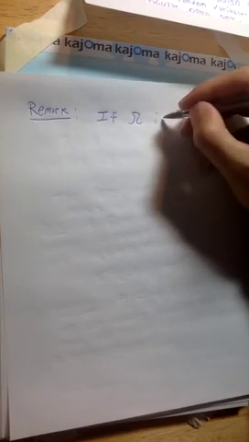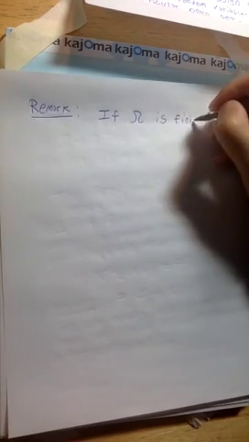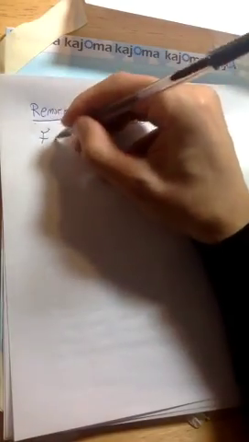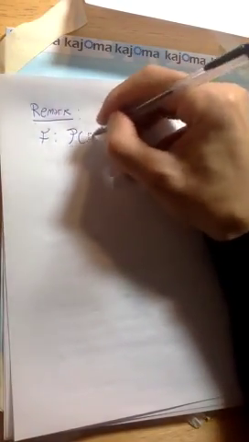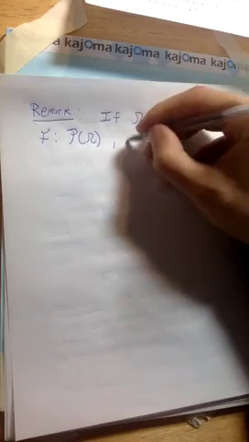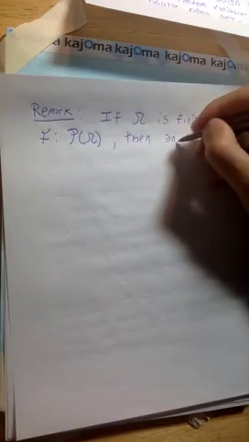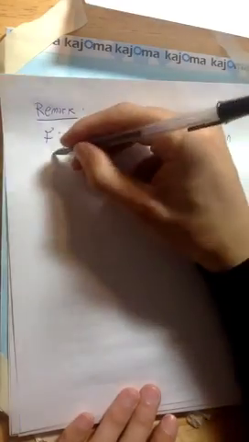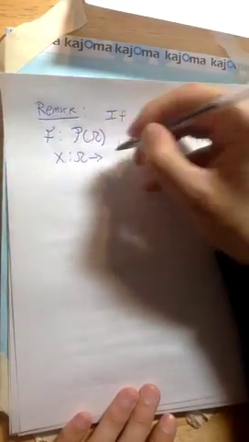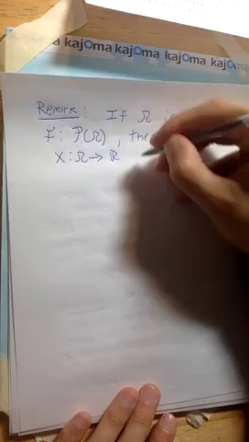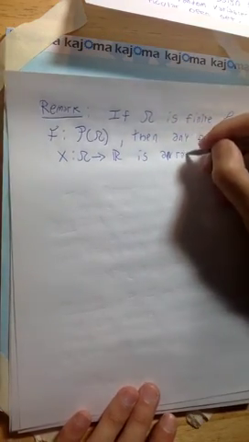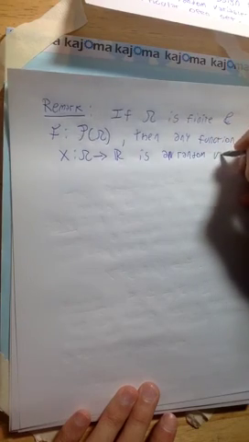If omega is finite and F is equal to the power set of omega, then any function X from omega to R is a random variable.